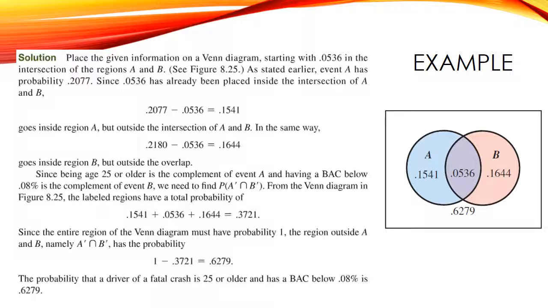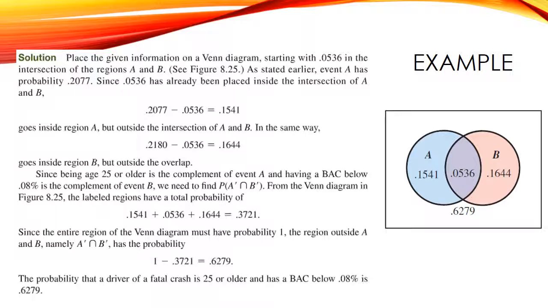And what we were supposed to find is the probability of A prime, B prime intersection. In other words, that the driver was both older than 24 years old and had a lower blood alcohol content than 0.08.